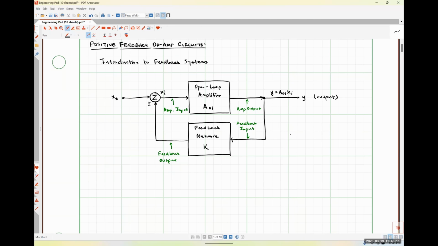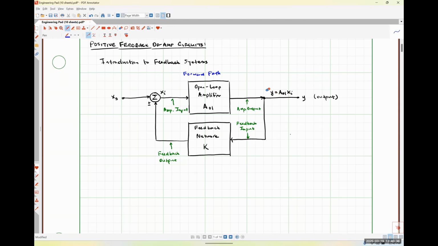So that's literally just this signal right here, X sub I, whatever that happens to be, gets fed through my open loop amplifier. So this is what's called our forward path and generates that output signal Y.